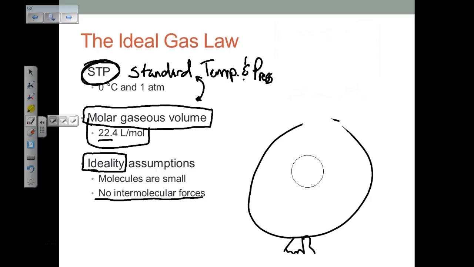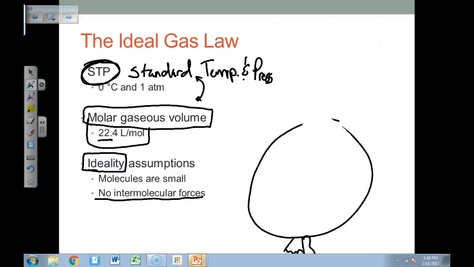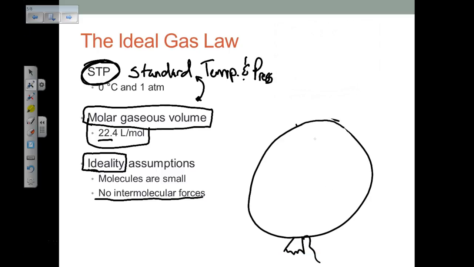Now let me take the same balloon, and now let me make those molecules really big. That's going to move around, but notice that this molecule, if it's really big, takes up a lot of space in and of itself, and its motion, yes, is going to cause pressure, but it's a pressure of 2 large things hitting each other, not just the motion of a tiny little particle.